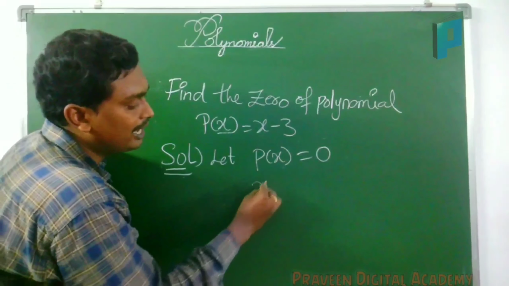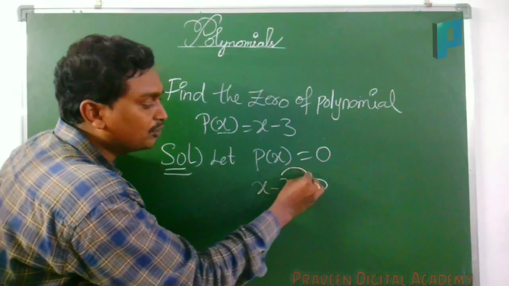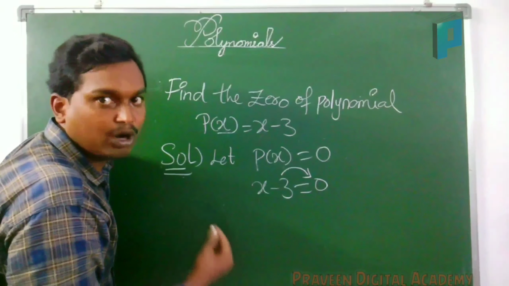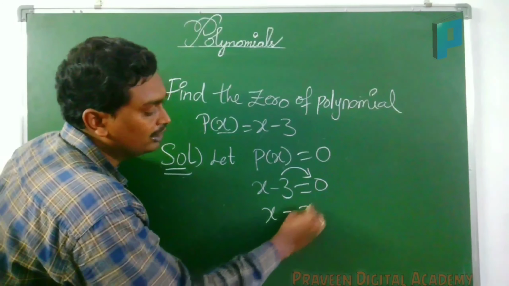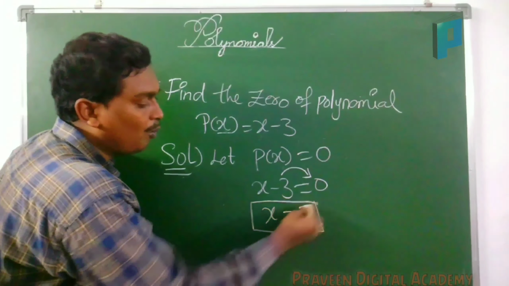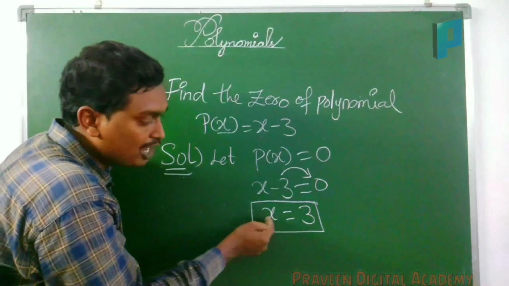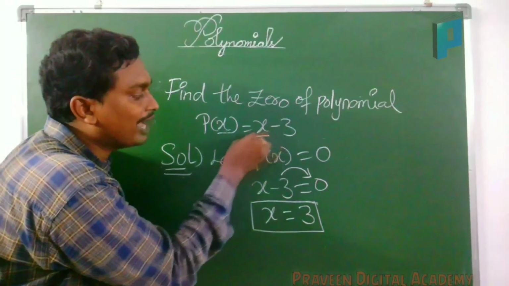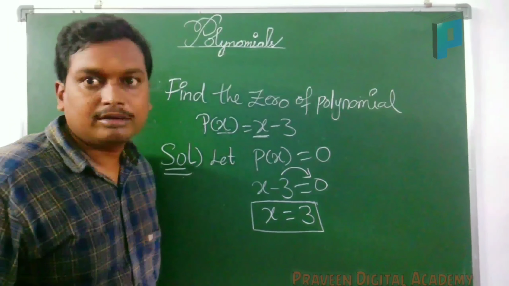They gave in the question: x minus 3 is equal to 0. You transpose this minus 3 to the other side. What do you get here? Plus 3. x is equal to 3. What is the zero of the polynomial here? 3. It means if you substitute 3 in the place of x, you will get the answer 0.